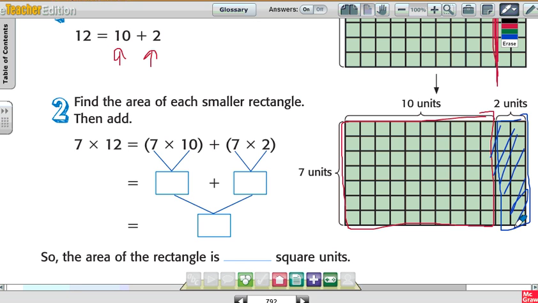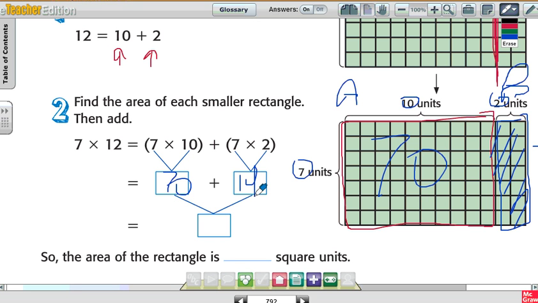So let's say this is rectangle A, and this is rectangle B. So here I have the length times width. Okay, 7 times 10 is 70. So this is 70 right here. Okay, and then here I have 2 times 7, which is 14.